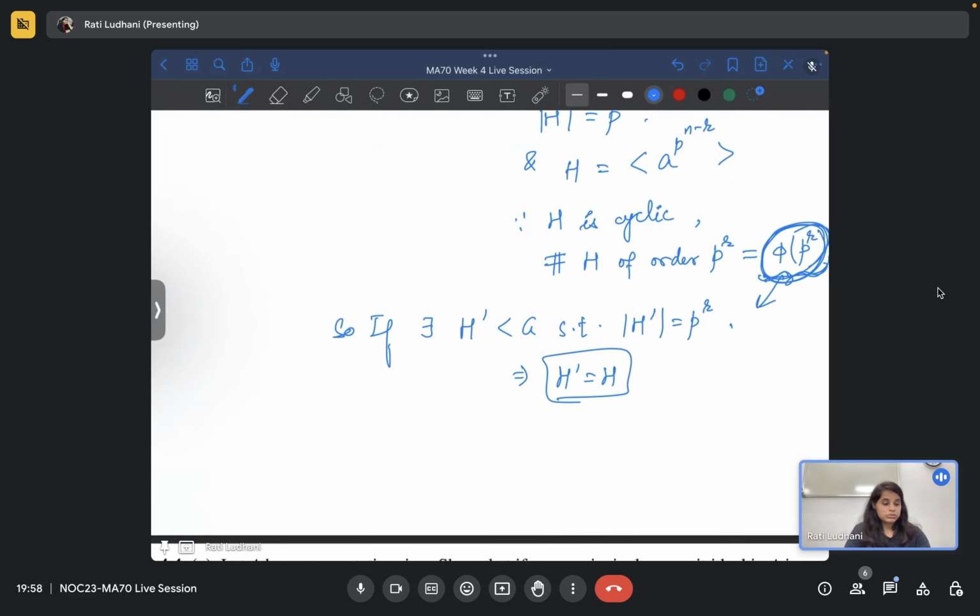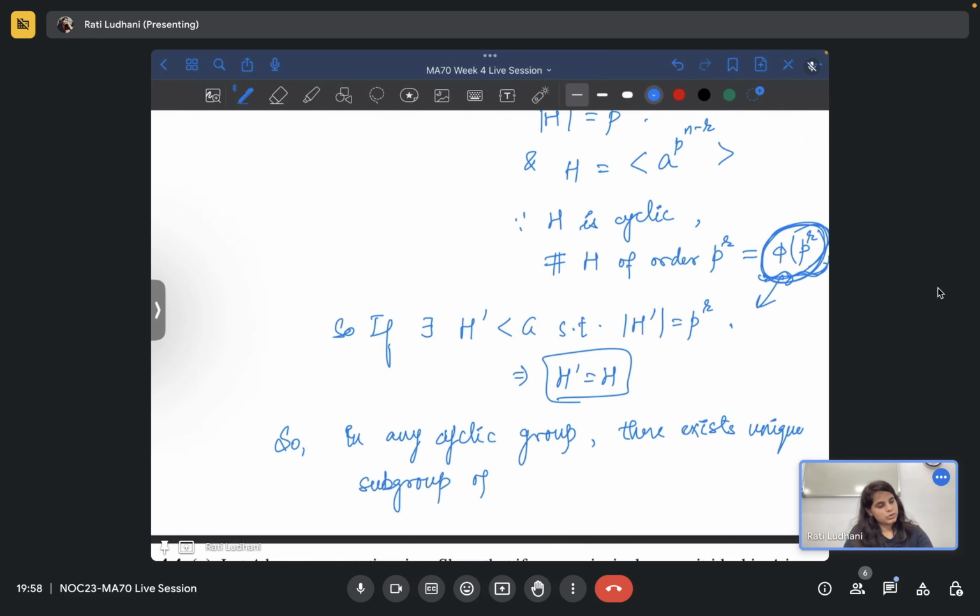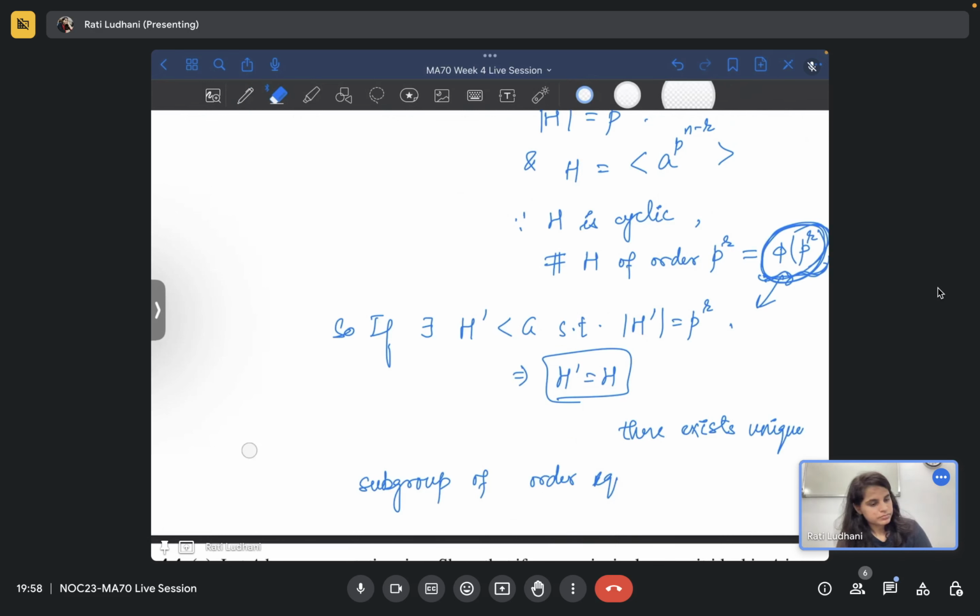So in any cyclic group, this is again a general statement, there exists a unique subgroup of order d, for any divisor d of the order.